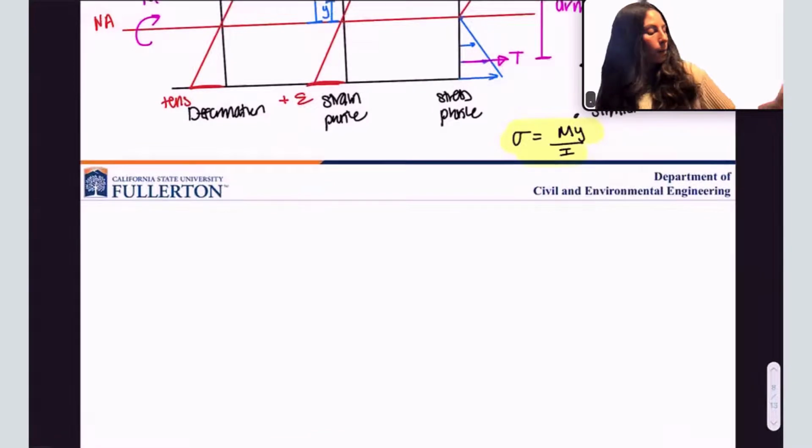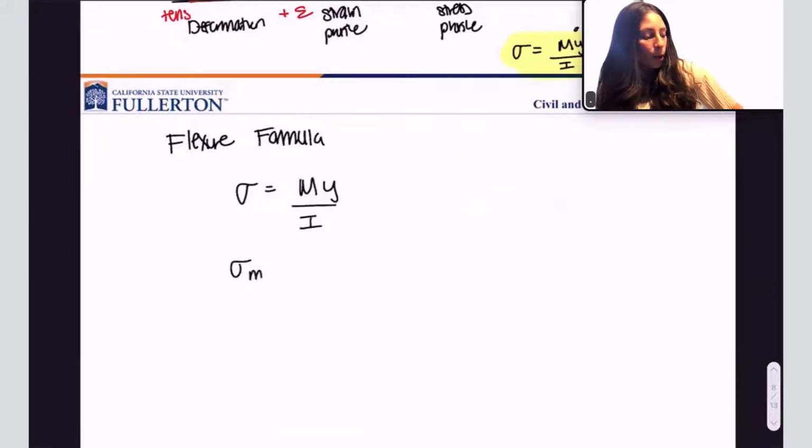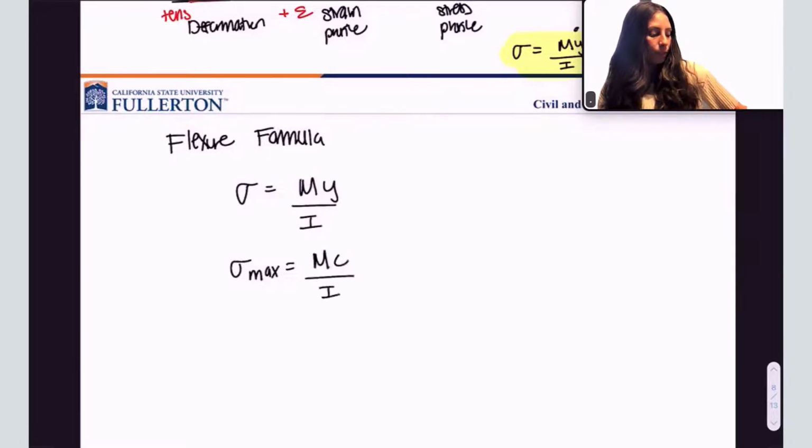Let's write this out. The flexure formula, we have sigma equals My over I. And if I want the maximum, what value am I going to put in for the y? It's going to be that c value, the max distance.